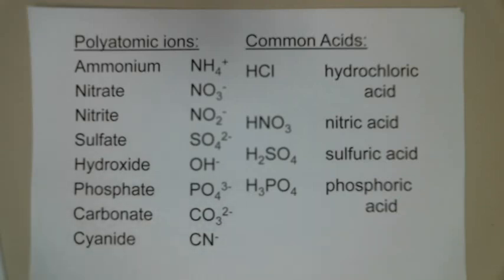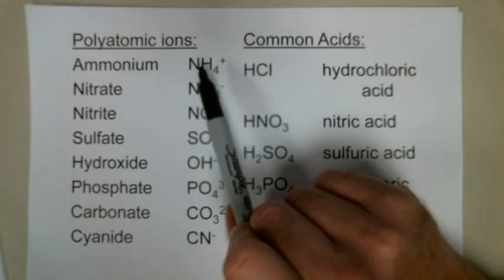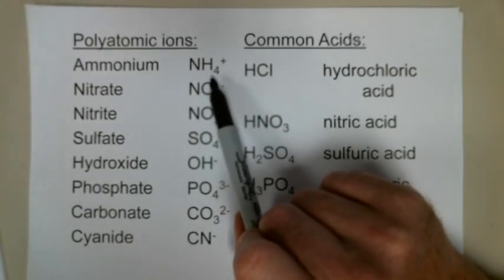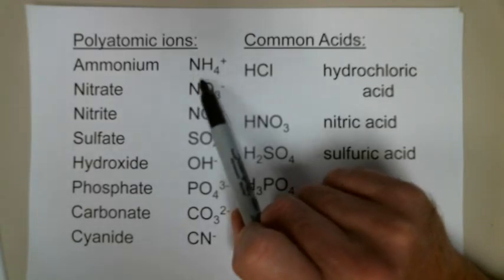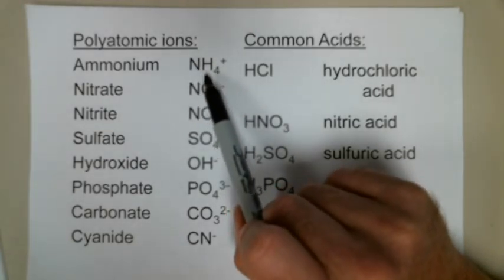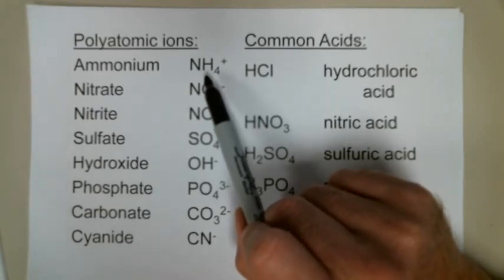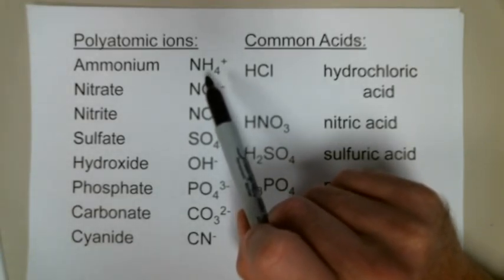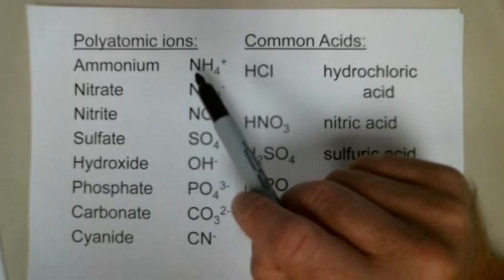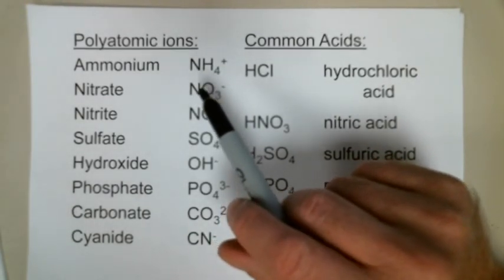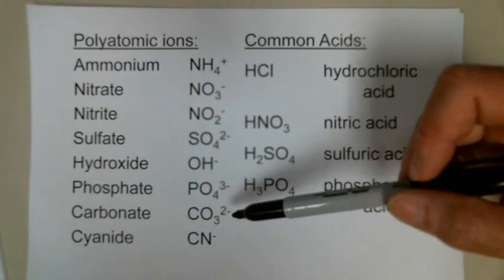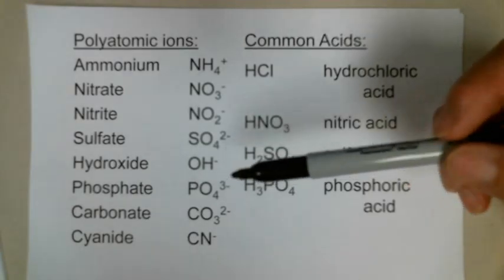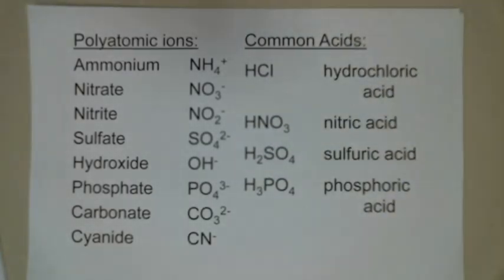So ammonium, this first one, NH4+, has 4 hydrogens covalently bonded to the nitrogen, but then the whole thing together has a +1 charge, so it's an ion. It acts just like sodium or potassium in compounds. It can form a compound with chloride or fluoride and so on. They're basically molecules with a charge on them, so they're molecular ions, and they do form ionic compounds.